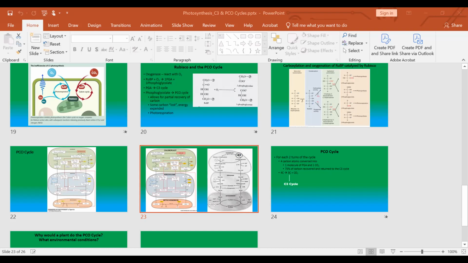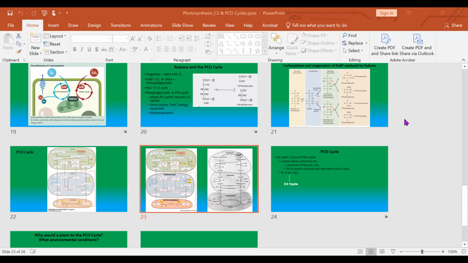And so these C4 and CAM plants have evolved mechanisms to deal with that, basically trying to minimize the PCO cycle.